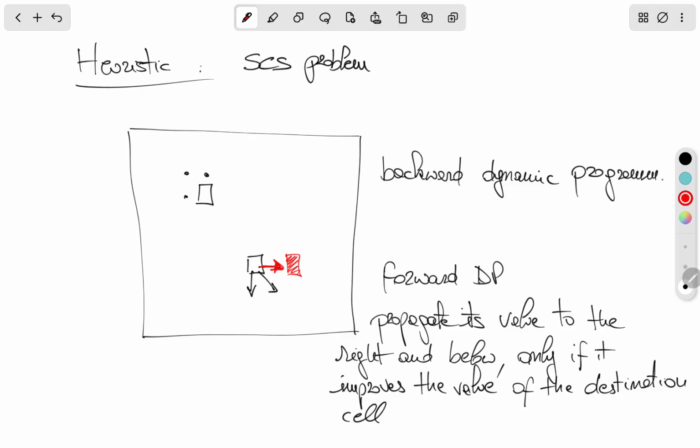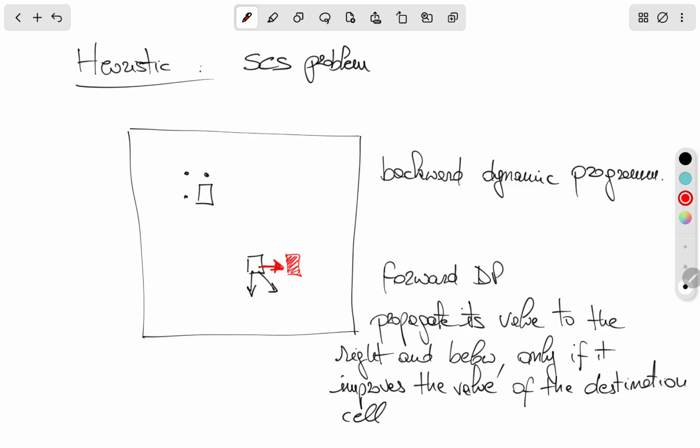What might happen, and what is the good case, what we hope is going to happen, is that some cells will never receive a value.